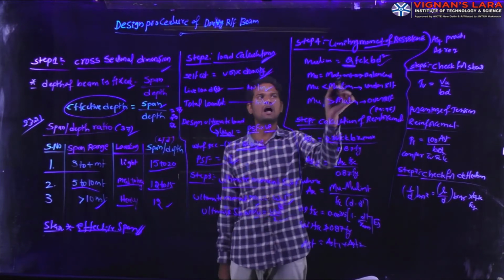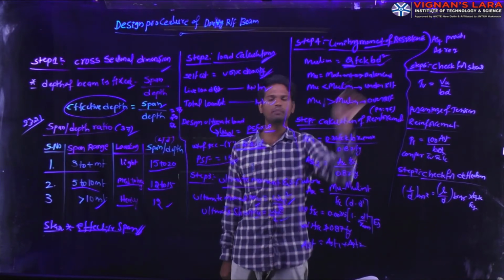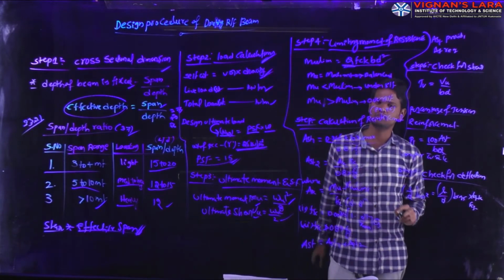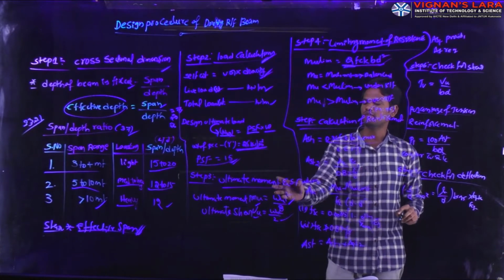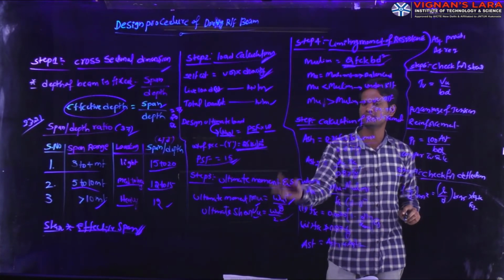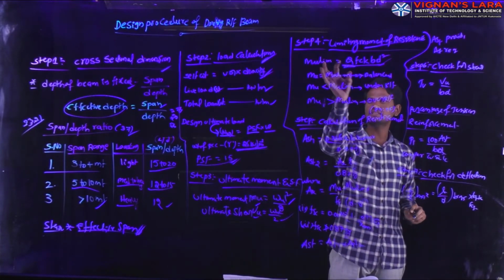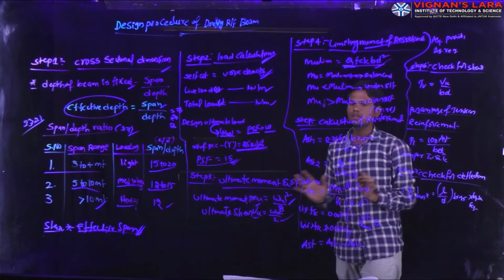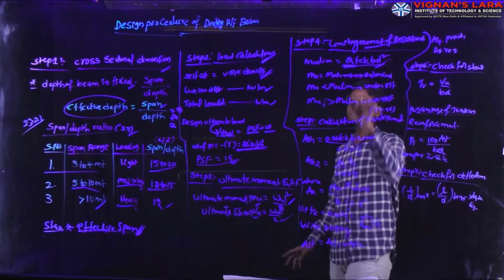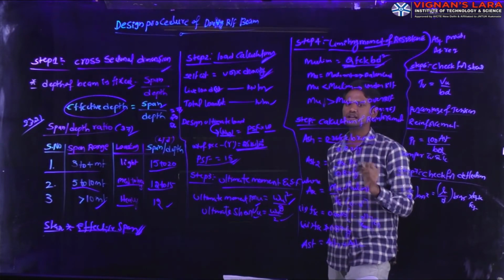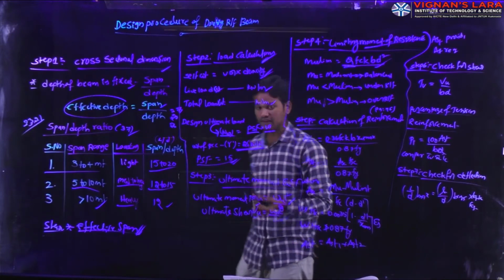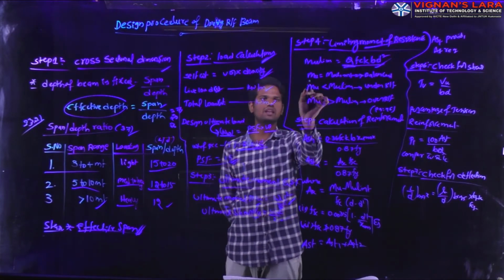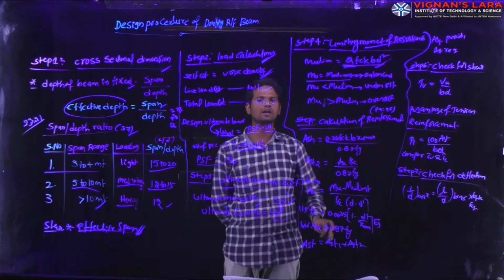Okay. Next, after calculation of this limiting moment, we have to compare the additional moment or ultimate moment due to the application of the load. Due to application of the load, how much moment is acting on the beam, and based on the dimensions provided for the beam, how much the limiting moment is, that we have to compare. Based on that comparison of moment, we can say whether the beam is under reinforced, over reinforced or balanced section. If you see here, Mu is equal to the Mu limit.